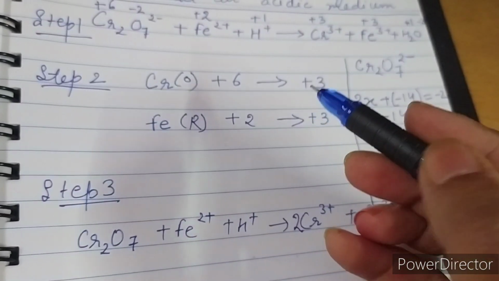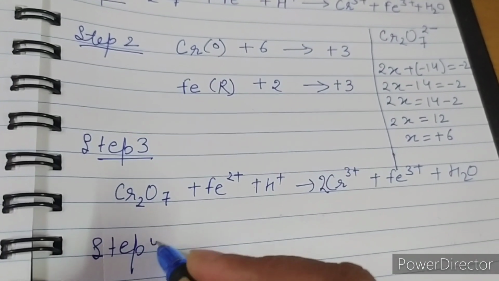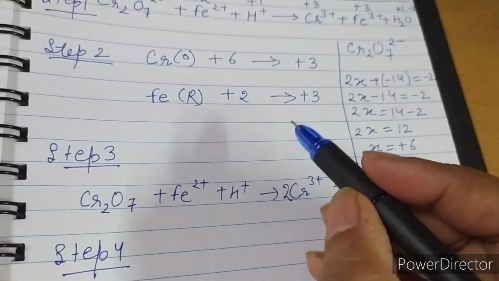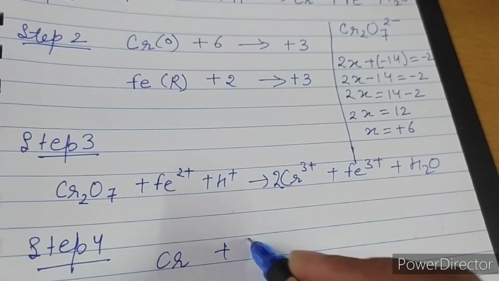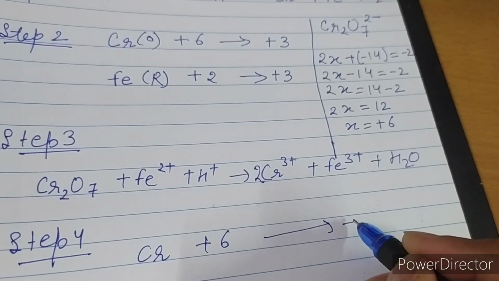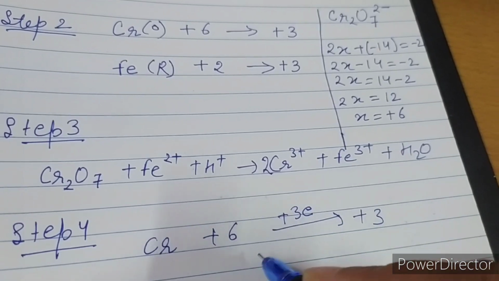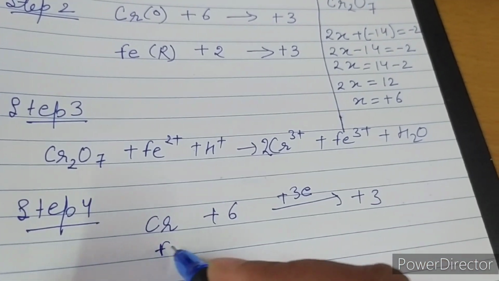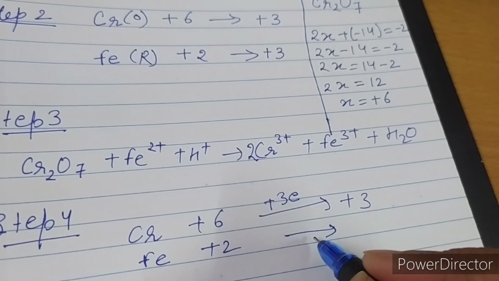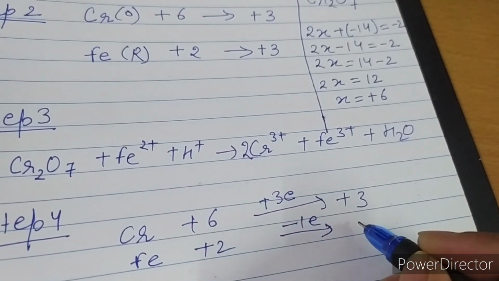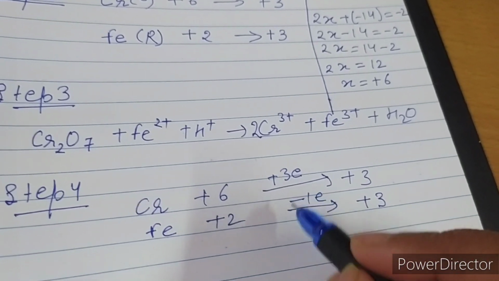Now here you can see in step 4 we'll determine how many electrons are needed to gain and lose by the respective atoms. Chromium requires 3 electrons to be gained to convert its oxidation number from +6 to +3, and iron requires -1 electron to convert it from +2 to +3 oxidation state per atom.